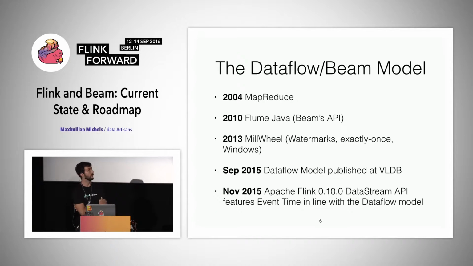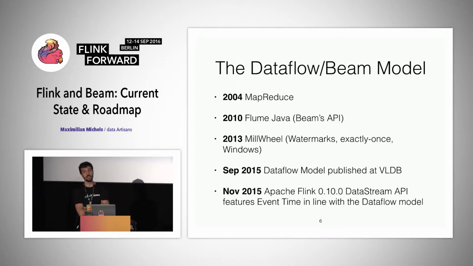I want to talk very briefly about the Dataflow Beam model, because it's always mentioned and it seems a bit vague for some people. So the Dataflow model, or nowadays the Beam model, is basically, starting with MapReduce and then most prominently Flume and MillWheel, a compilation of all the knowledge that has been published.